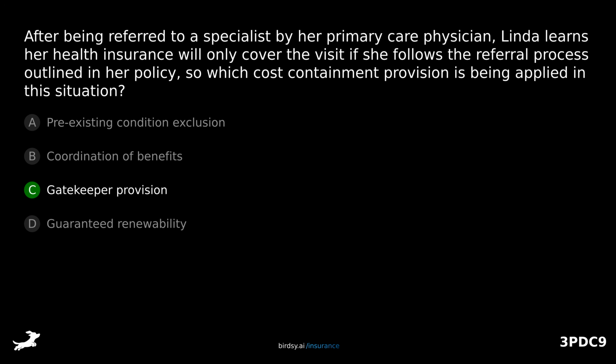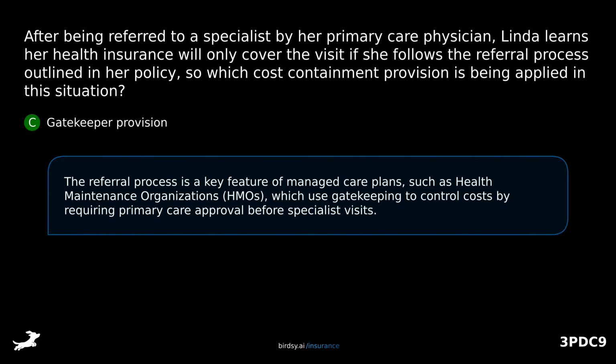The correct answer is C, gatekeeper provision. The referral process is a key feature of managed care plans, such as health maintenance organizations, HMOs, which use gatekeeping to control costs by requiring primary care approval before specialist visits.